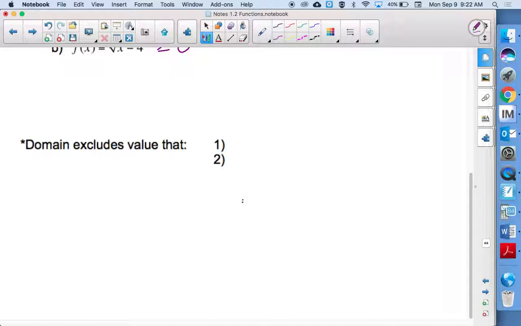It excludes values that make the denominator 0. Any number that makes the denominator 0 has to be excluded from the domain, meaning it can't be in it. Any other number works. And then the other exclusion would be the values that make the radical negative.